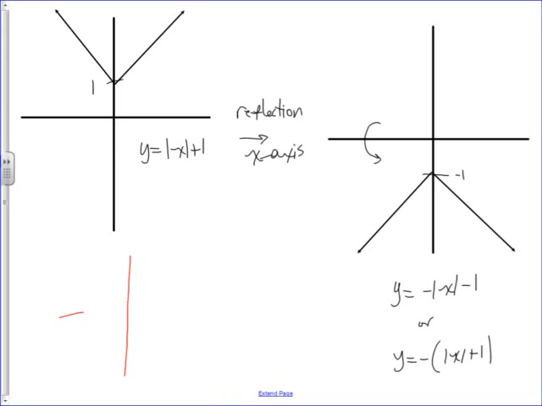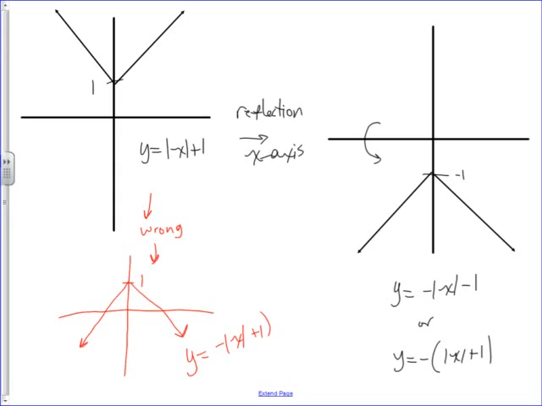Now, keep in mind, it does not look like this. This would be completely wrong. If you drew it like this, this would be completely wrong, because the equation for this would be y equals negative absolute value of x plus 1.